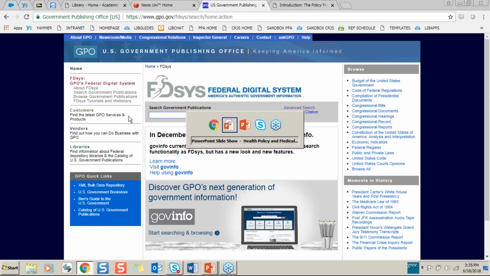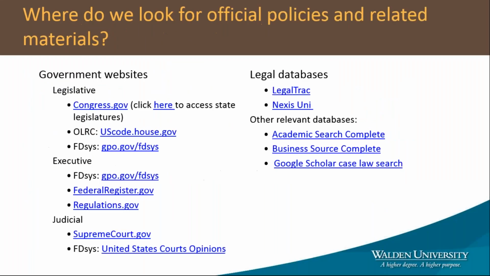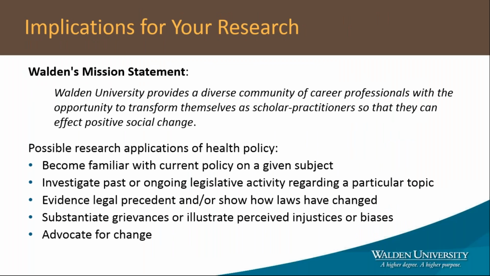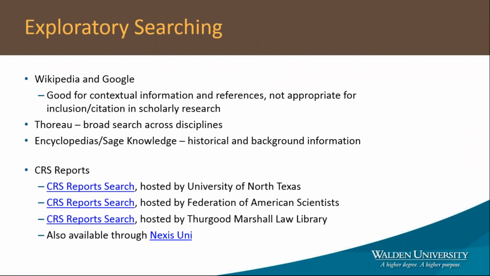And I'm actually going to pop back over here to, where were those? Sorry about this. Here we go. These are reports that are produced for Congress by individual committees. So they function essentially as a nonpartisan legislative branch housed in the Library of Congress.